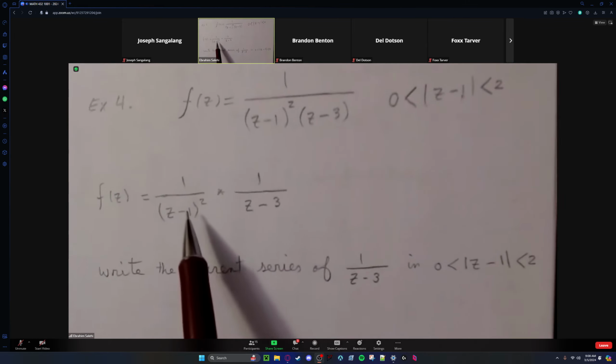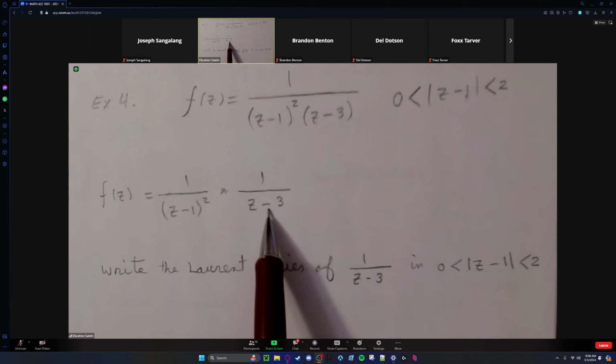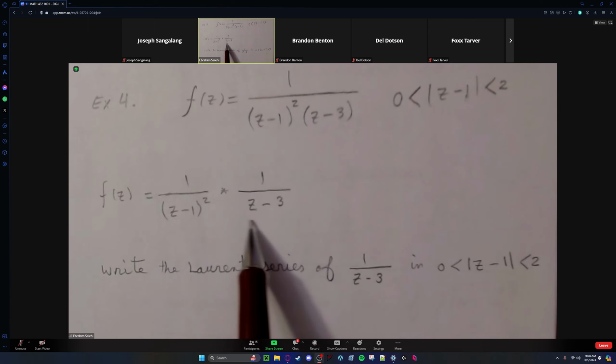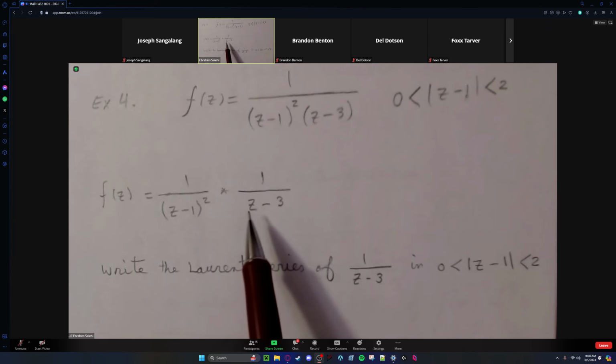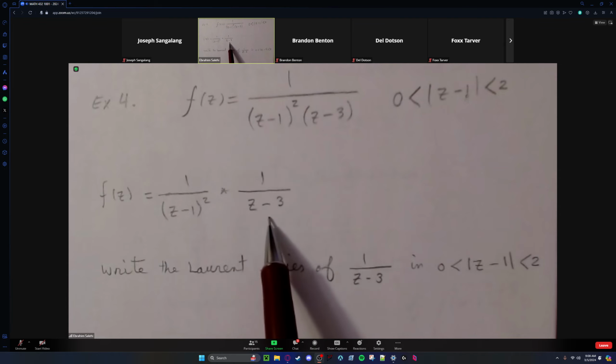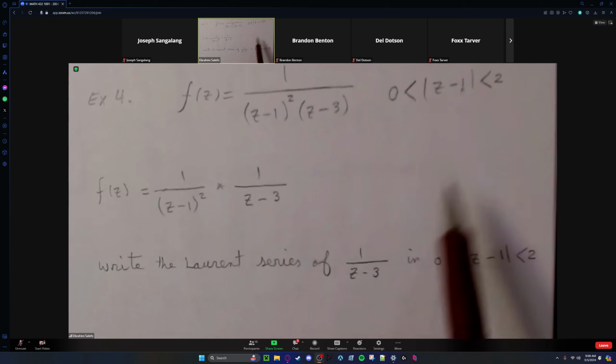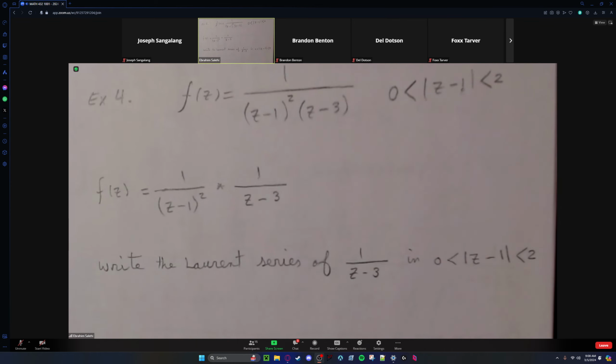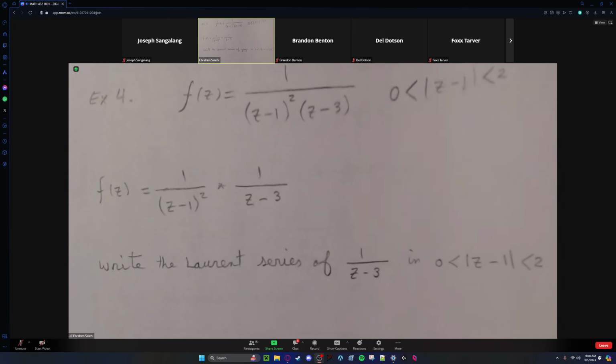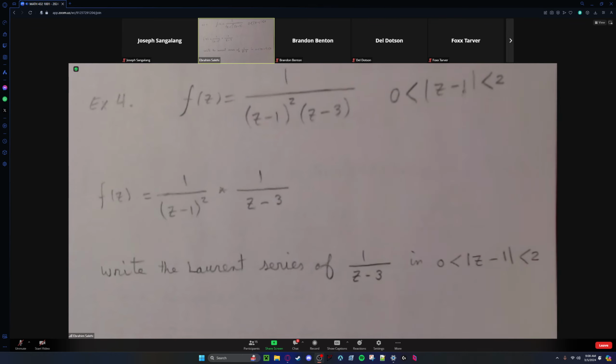So you write the function in this fashion and just work with this one, and write the series of this function in powers of z minus 1, which is valid in here. So I will let you do this by yourself. It's a good practice.